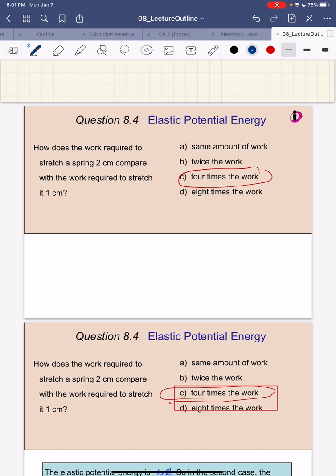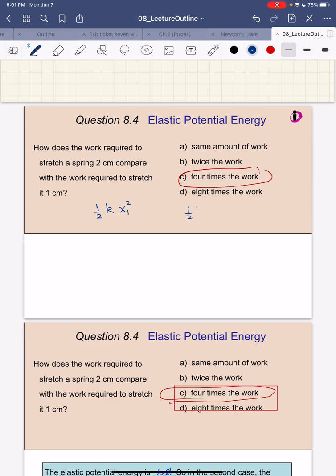Okay, how does the work required to stretch a spring 2 centimeters compare to the work required to stretch it 1 centimeter? It's very clear that 1 centimeter is going to be, let's say, x1 squared.